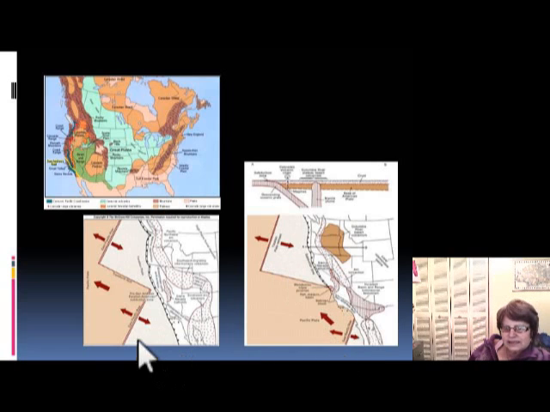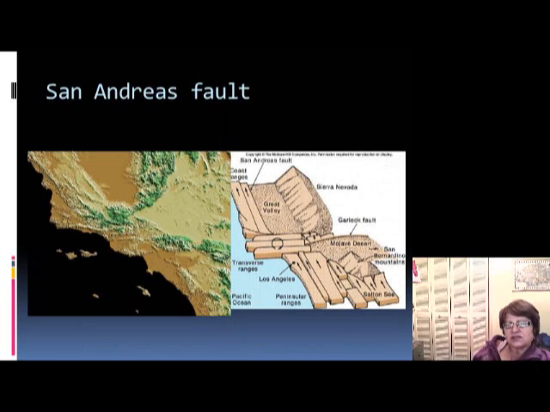And as you can see, this part of the mid-oceanic ridge is basically going underneath, which is producing the graben faults all around the western part of the country and a lot of volcanoes. And of course, the northern part is still an oceanic continental plate boundary, so we have all those volcanoes related to that. And this is just a slide showing the San Andreas Fault. It's right here, you can see it.